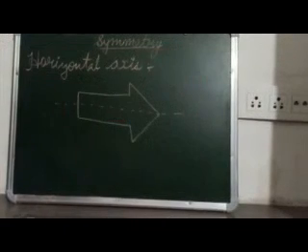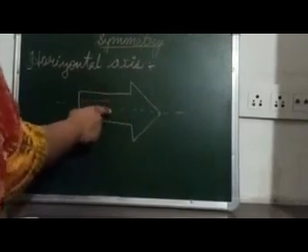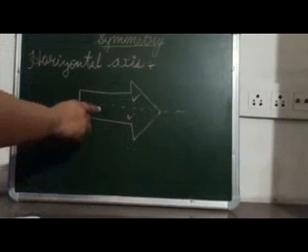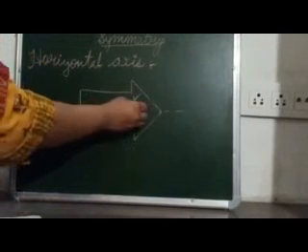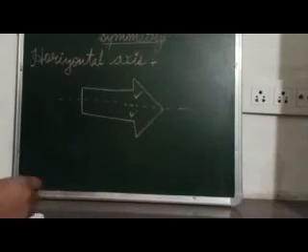Suppose I take this figure and I want to divide it into two equal parts, then I have to draw a horizontal line through this figure. So a horizontal line divides a figure into two equal parts that match when folded along the horizontal line. Then such a figure is said to have a horizontal axis of symmetry.